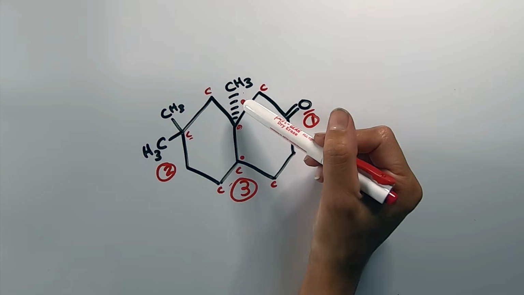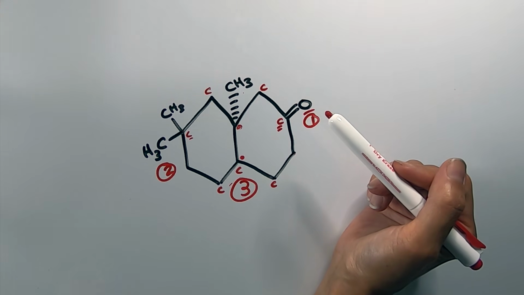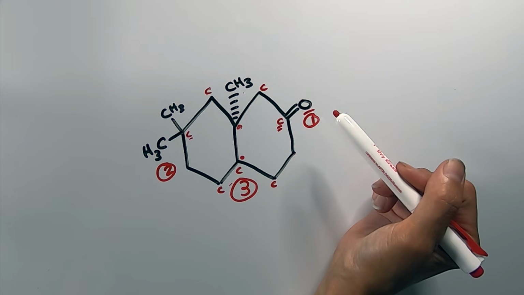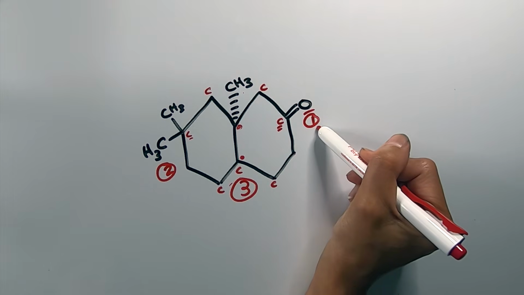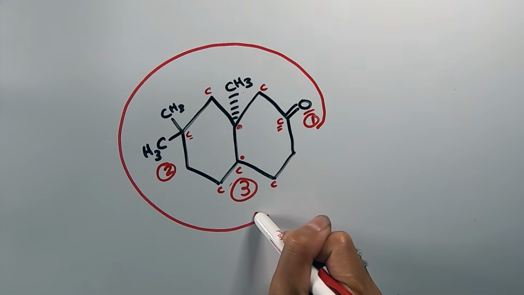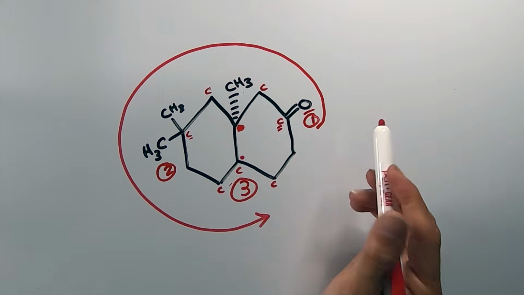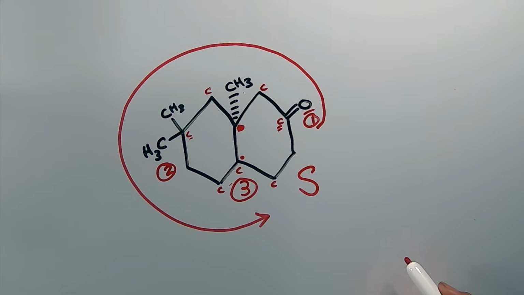Do notice that our 4th priority is dashed, meaning pointing into the page, which means it is indeed in proper orientation to determine R/S configuration as is. So now all I have to do is rotate from 1 to 2 to 3, which is counterclockwise or left rotation, which makes this carbon right here an S configuration chiral carbon. Simple as that.